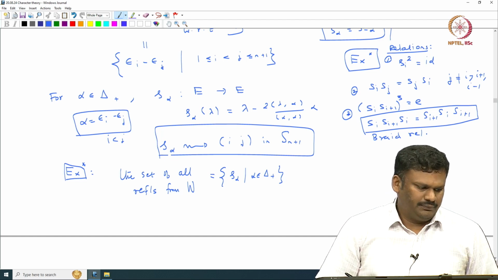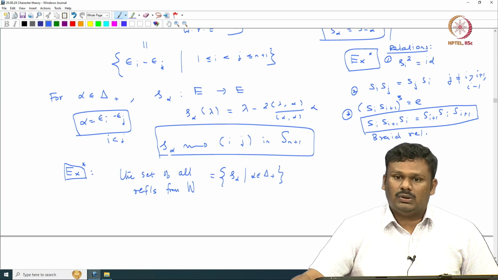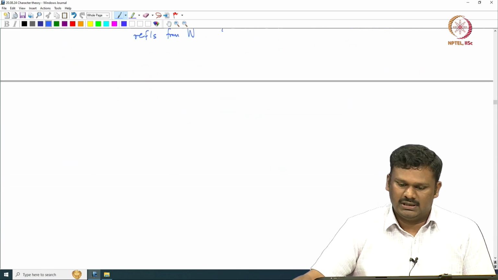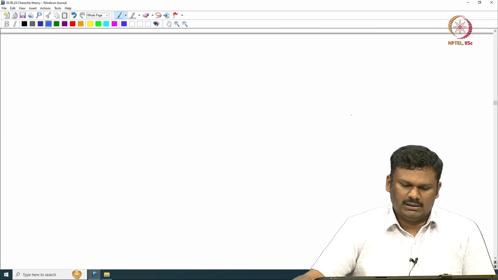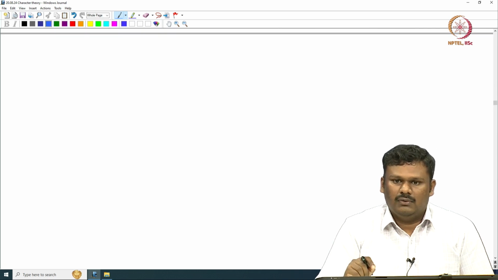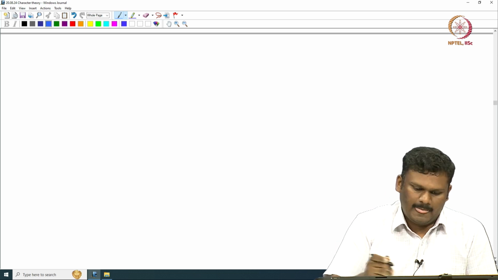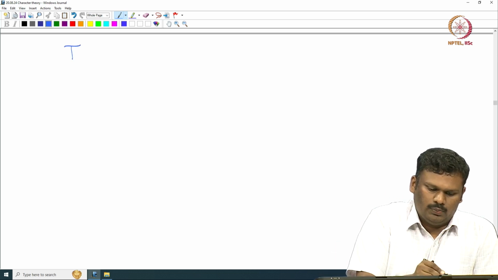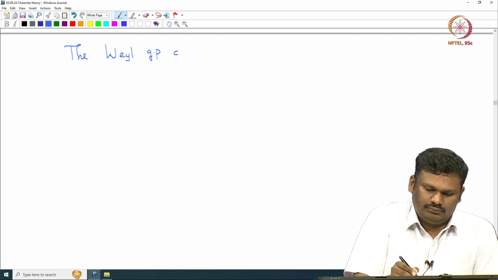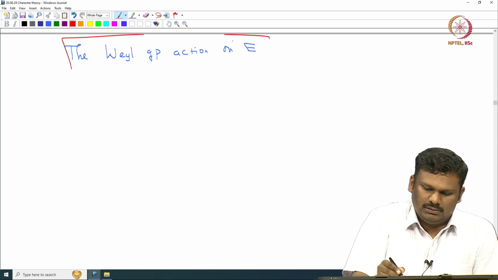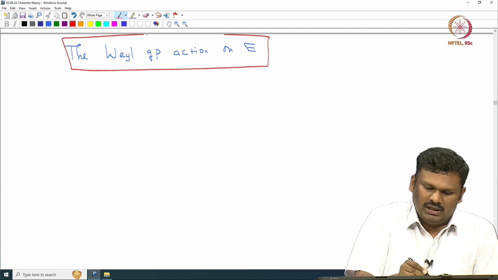So, now we actually try to understand the Weyl group action on the Euclidean space. For that we need to actually understand how it is acting on what are called chambers. So, the Weyl group action on E is something very interesting.